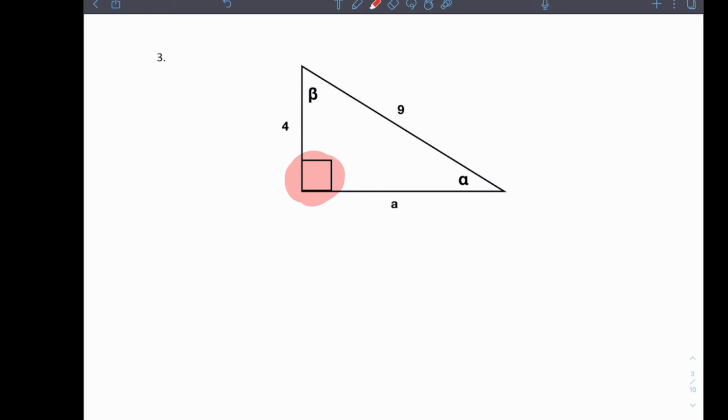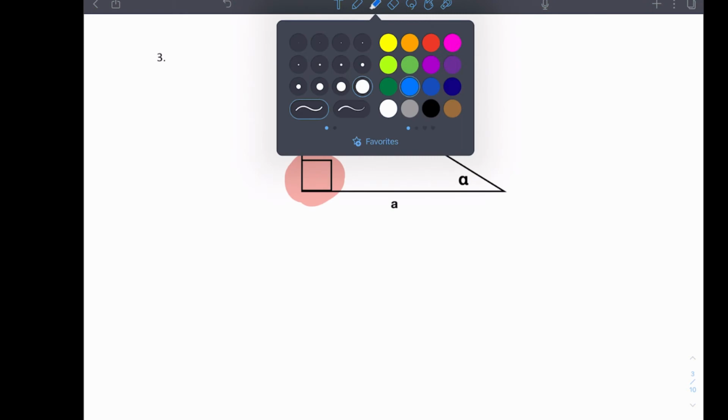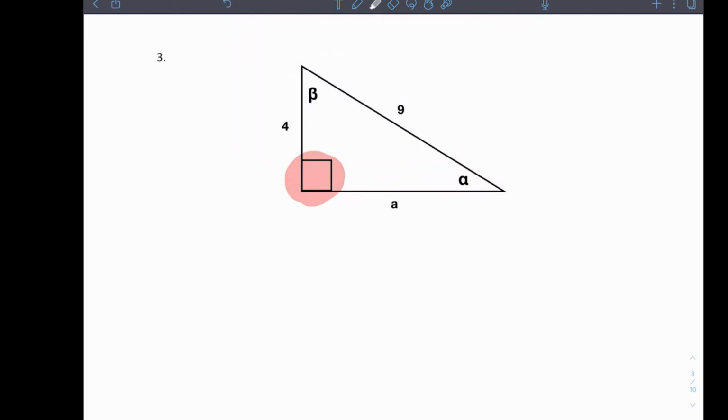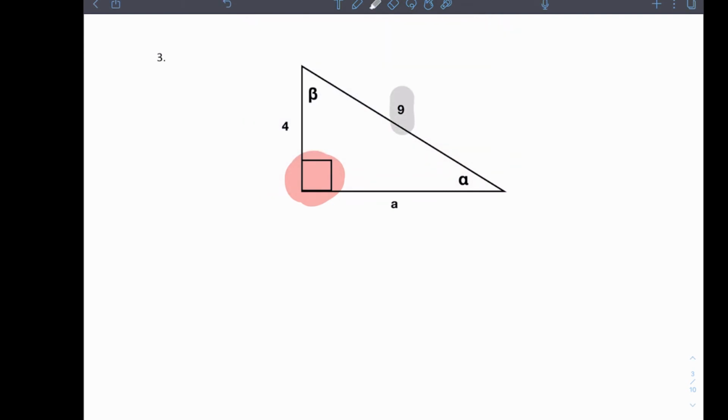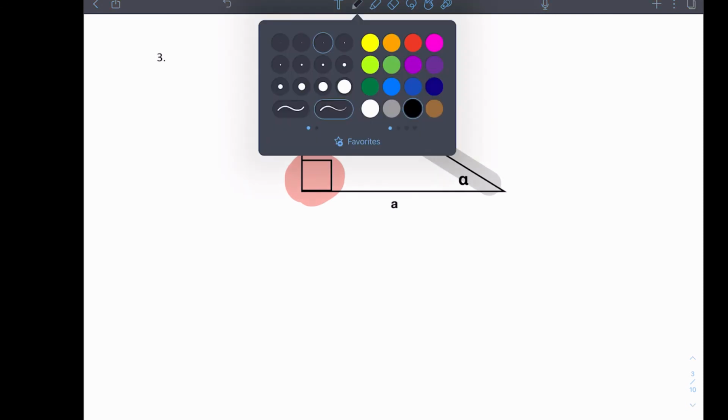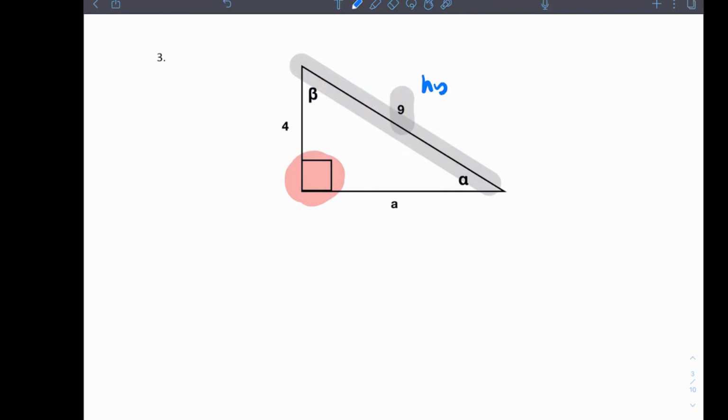We need to find the missing side, right? So now, what do you guys notice here? This is 90 degrees. What do we call this side over here? The 9, because 9 is represented by that length. That's the hypotenuse. Good. Isn't it always a good idea to know that?